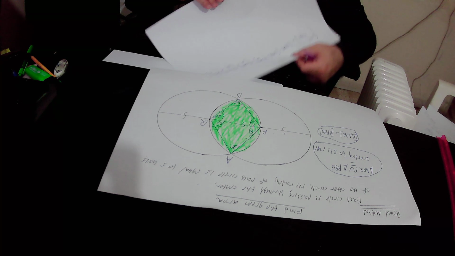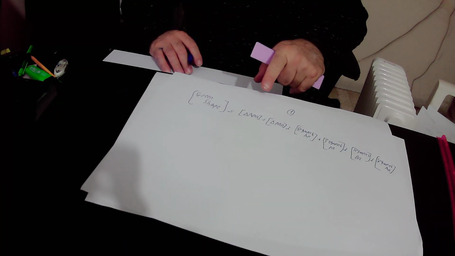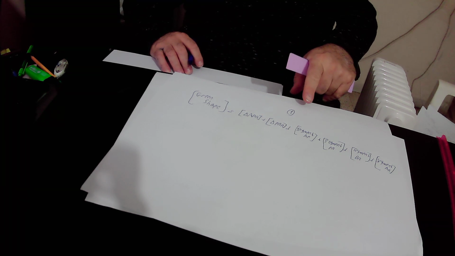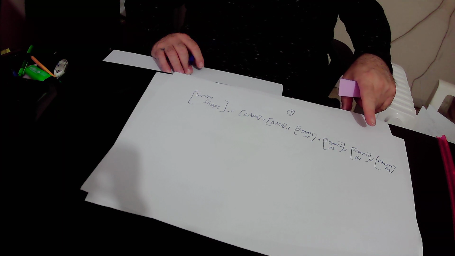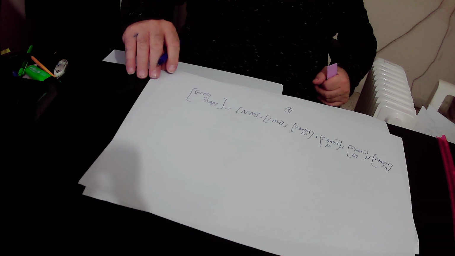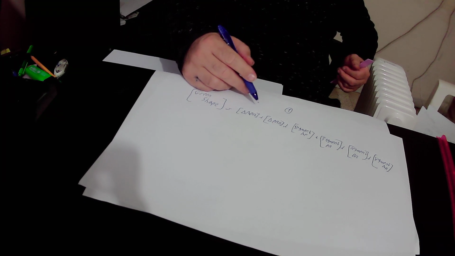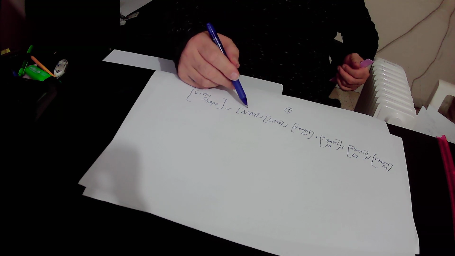I'll repeat again. The area of the green shape equals the area of triangle APQ plus the area of triangle PBQ plus the area of segment AP plus the area of segment PB plus the area of segment BQ plus the area of segment AQ. But because the area of triangle APQ is equal to the area of triangle PBQ, we can substitute the area of triangle PBQ by the area of triangle APQ.